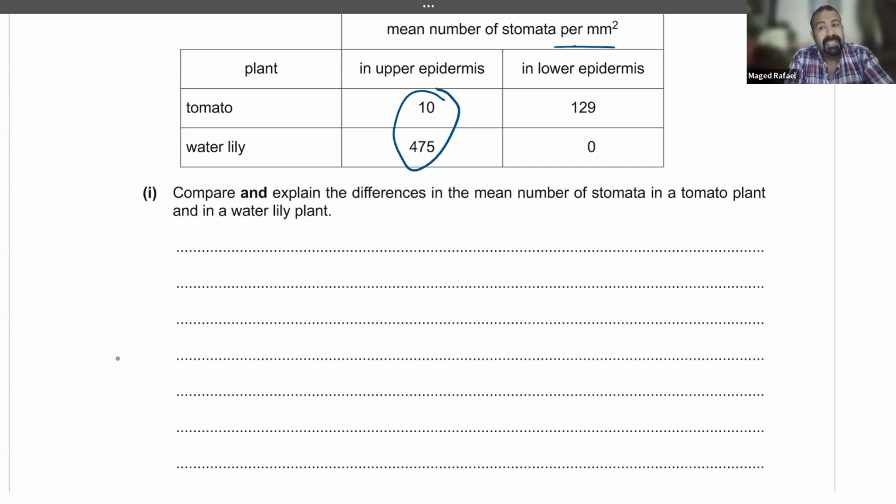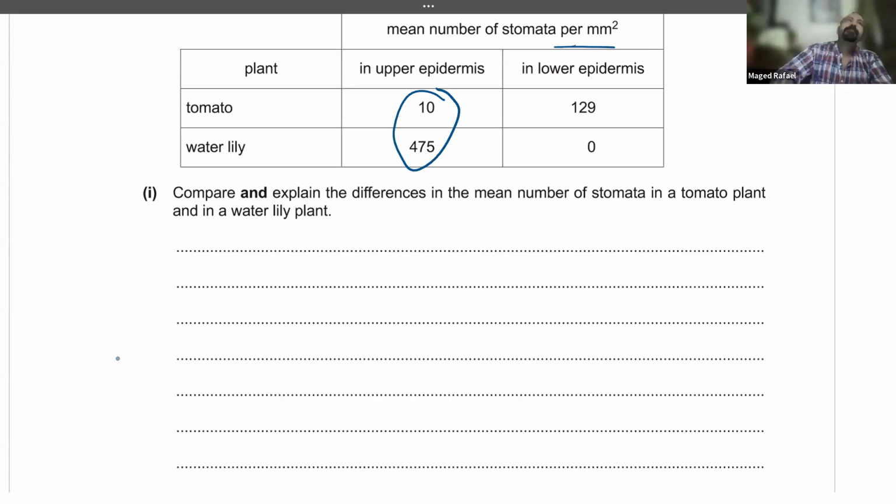Tomato is a terrestrial plant, so it lives in a somewhat desert-like environment. Okay, so we're going to talk about the loss of water. Yes, exactly. You're going to talk about loss of water, and for water lily, you can talk about how this helps water lily to float on the surface of water.